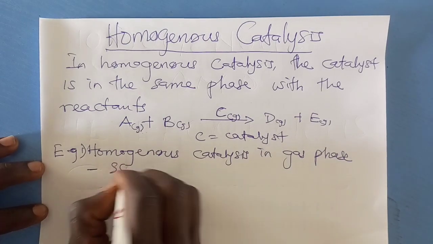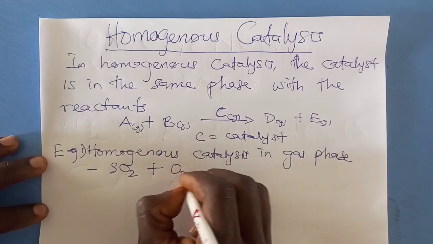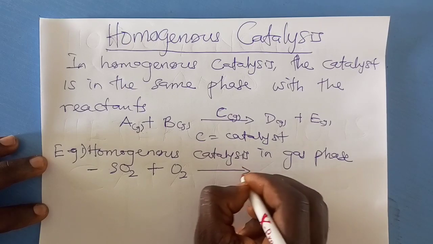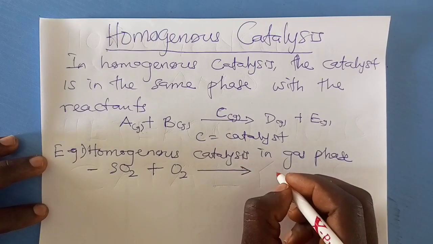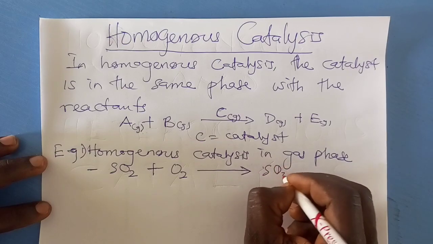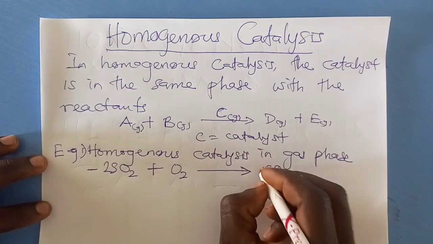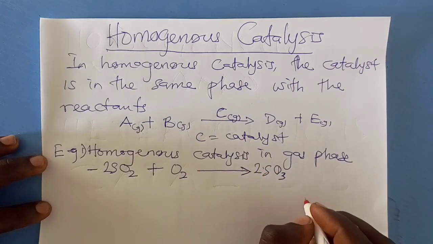An example is the oxidation of sulfur(IV) oxide in the production of sulfuric acid, where SO3 is produced. This is 2, this is 2, to balance the equation.